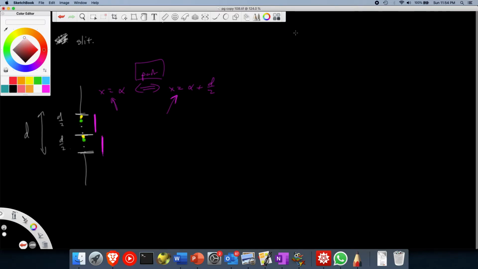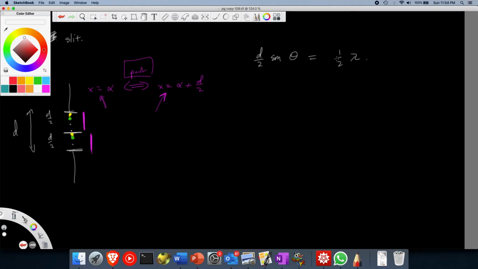One such condition is d over 2 sine theta equals half lambda, right? There's a reason why I didn't put n plus half lambda. I didn't put n plus half lambda, which means that if this condition is satisfied, then it will destructively interfere. But it does not mean that if this condition is not satisfied, then it will not destructively interfere. So this is one of the sufficient conditions for destructive interference of this pairing of sources.